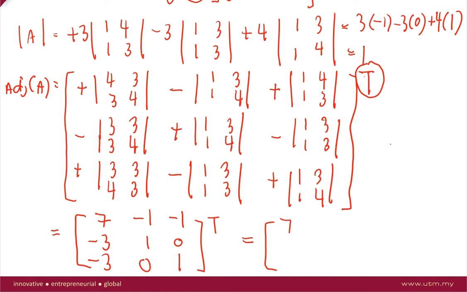The rows will become the columns. So basically this is your adjoint A. So A inverse is equal to 1 over determinant of A times adjoint A.